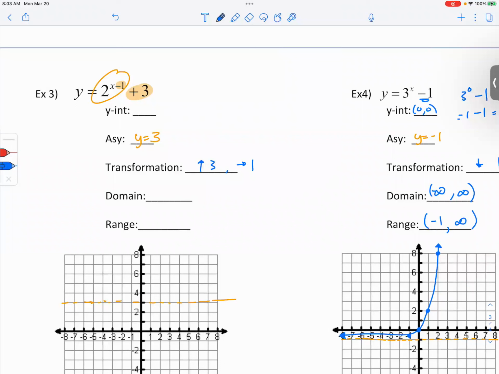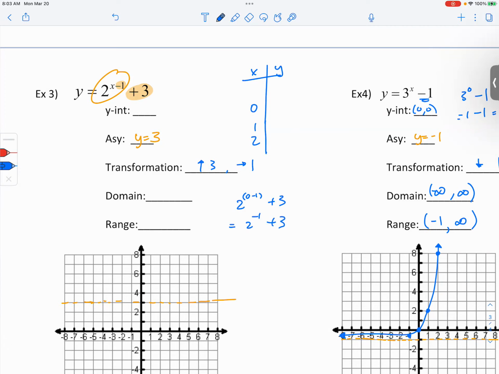All right, so let's go ahead and take a look at some good values. So let's just say we have 0, 1, 2. Okay, for now. Okay, we can work on more numbers if we need to. So if you have 2 to the 0 minus 1 power plus 3, which is 2 to the negative 1 power plus 3.